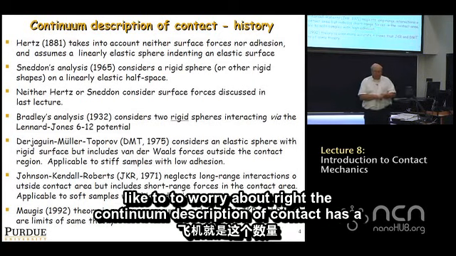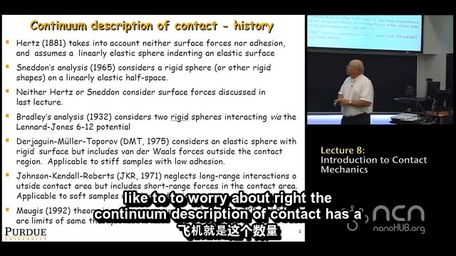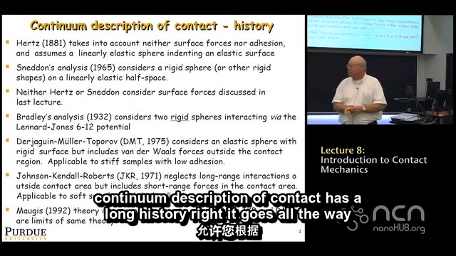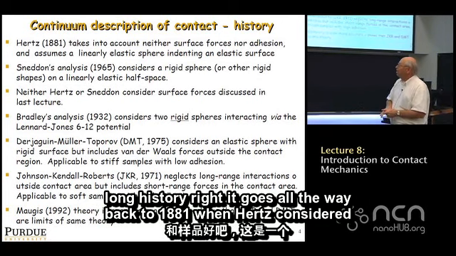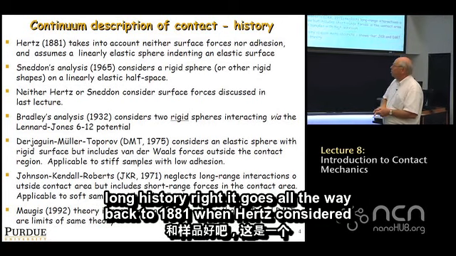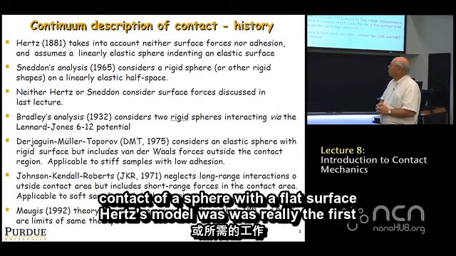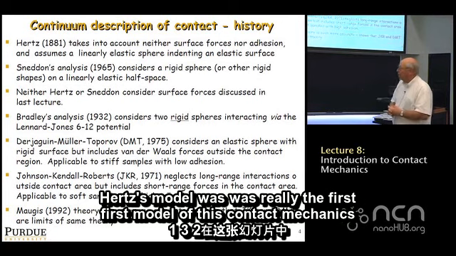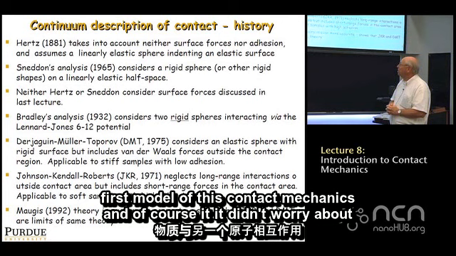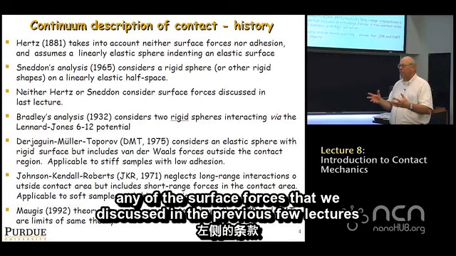The continuum description of contact has a long history, right? It goes all the way back to 1881, when Hertz considered contact of a sphere with a flat surface. Hertz's model was really the first model of this contact mechanics, and of course it didn't worry about any of the surface forces that we discussed in the previous few lectures.